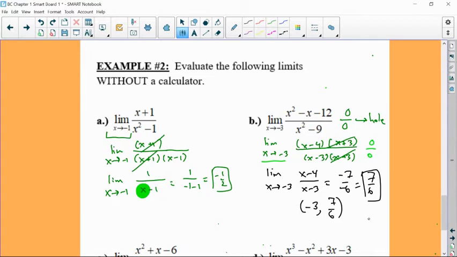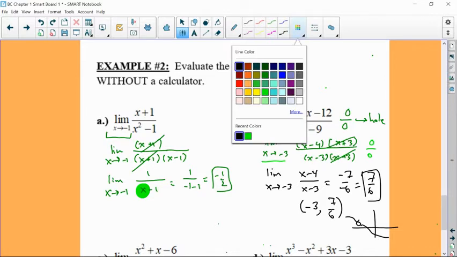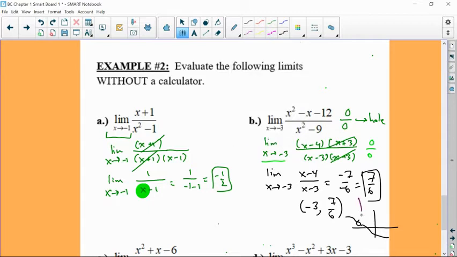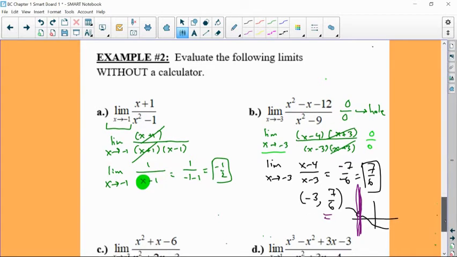But remember, this is really describing a hole, right? Because we crossed that factor out. So we would kind of mentally block, well, what's really happening at that point, right? We don't know. We're blocking that out, but we know its geographic location is 7/6, and that fits the behavior of this function.